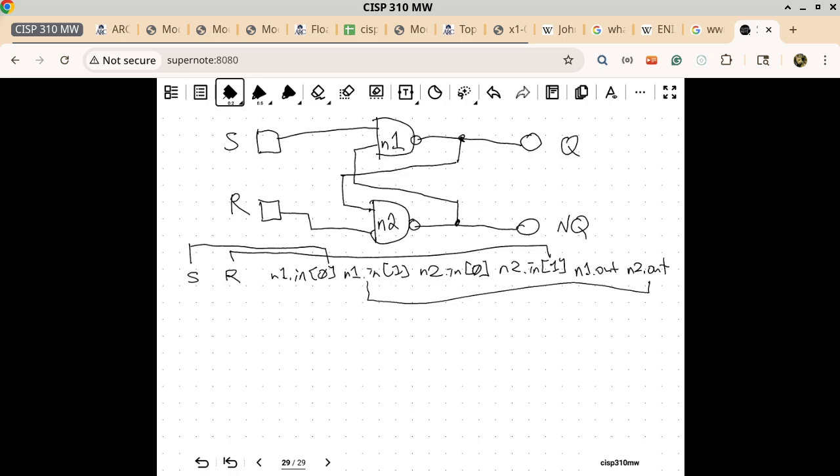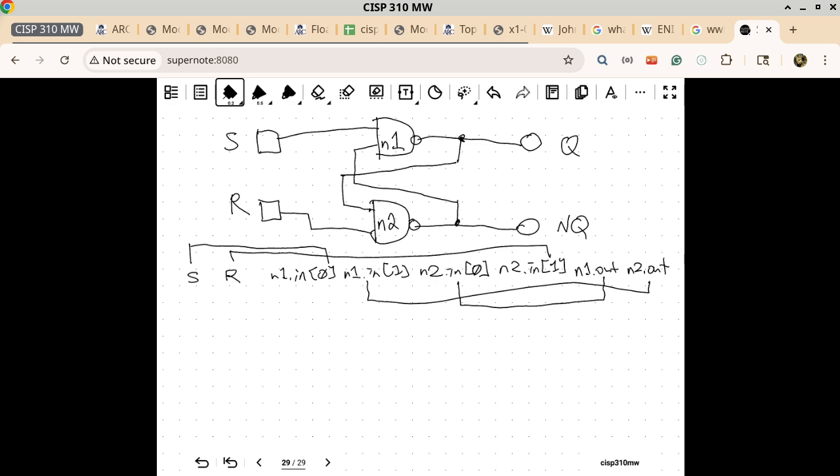So I'm just using these to indicate the node connectivity. I didn't specify the Q and the NQ, but that's really not super important in this particular simulation.